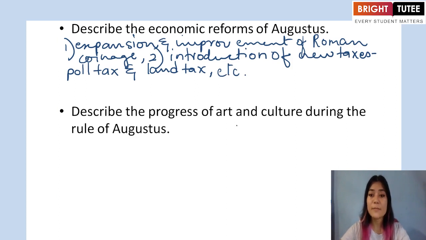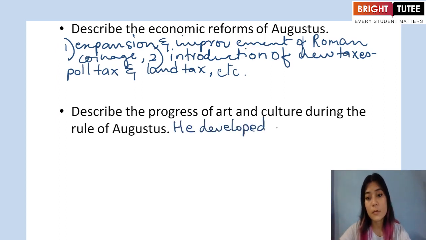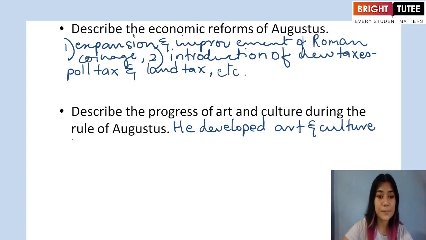Describe the progress of art and culture during rule of Augustus. He developed art and culture extensively.